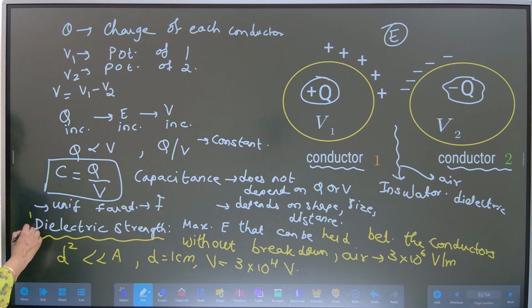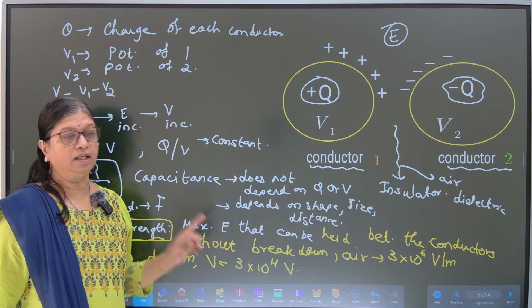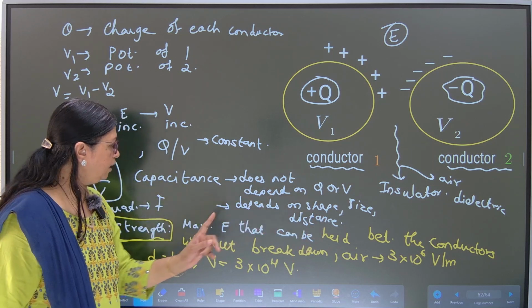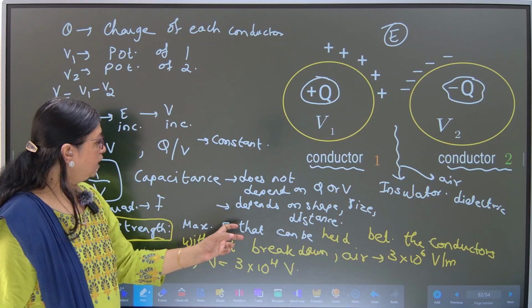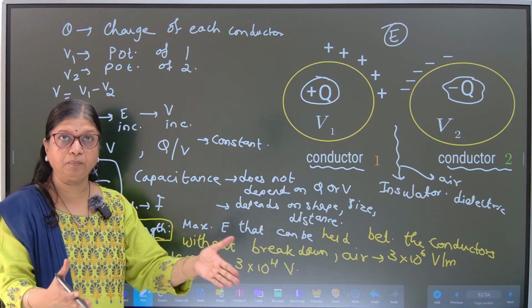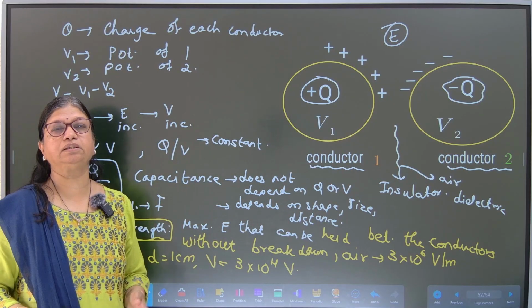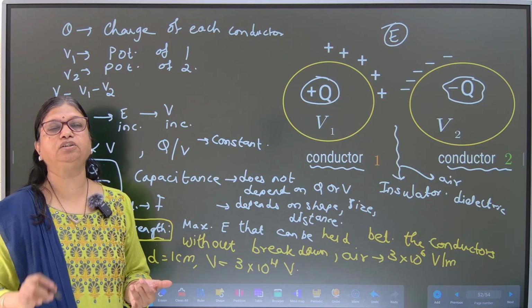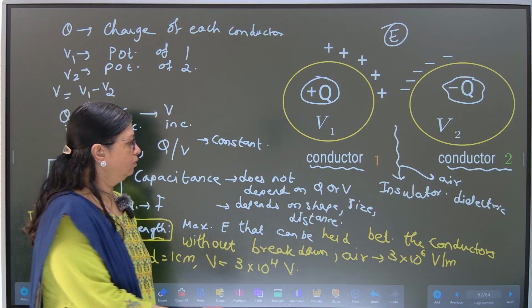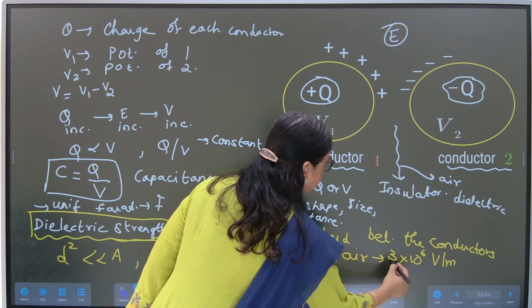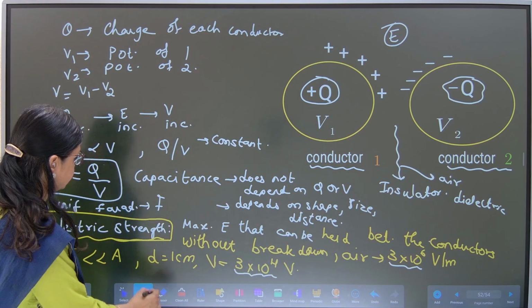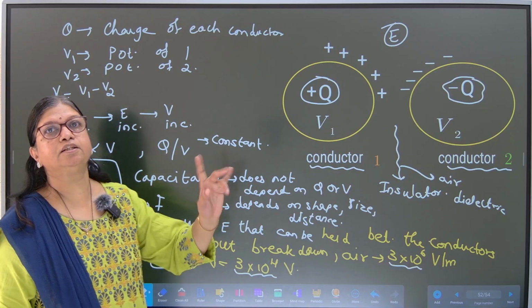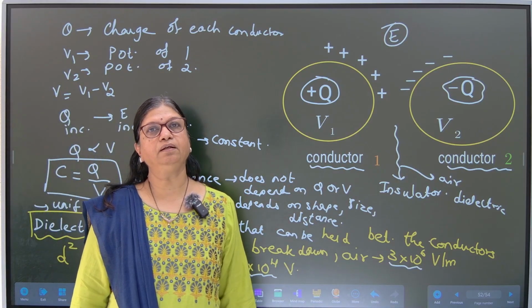This particular definition you have to remember, so that you understand what the maximum electric field is that can be held between these two conductors for air such that there is no leakage, no breakdown. That value has to be remembered for the electric field, and for 1 centimeter the potential difference.